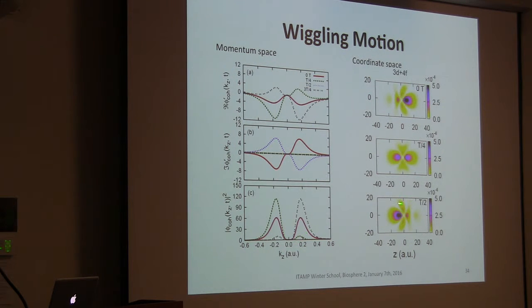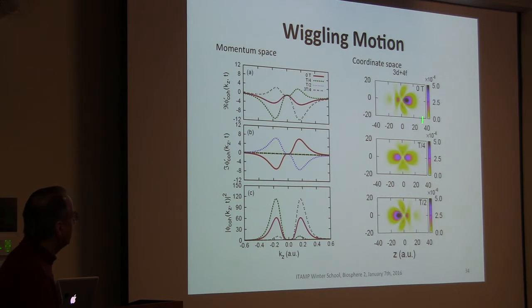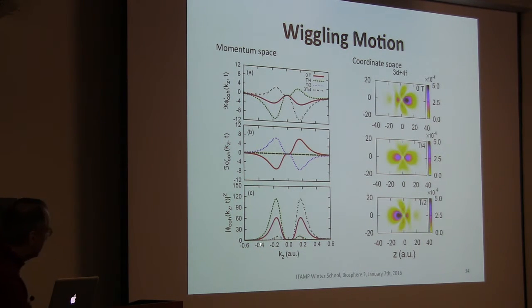So it's asymmetric. And at t over 4, the charge density for the 3D 4F state is neutral, but you can see that the amplitude is moving to the left, because at t over 2, this is where it ends up.